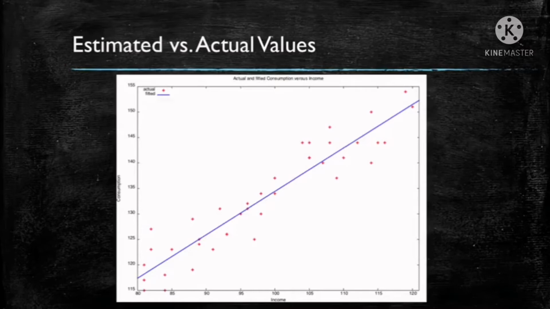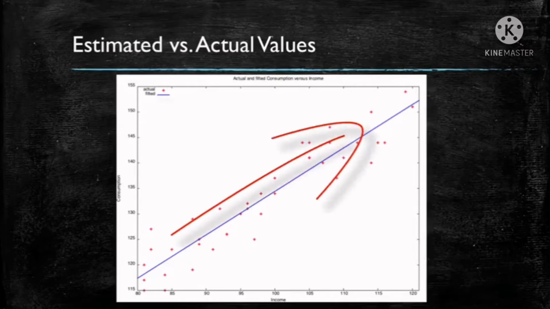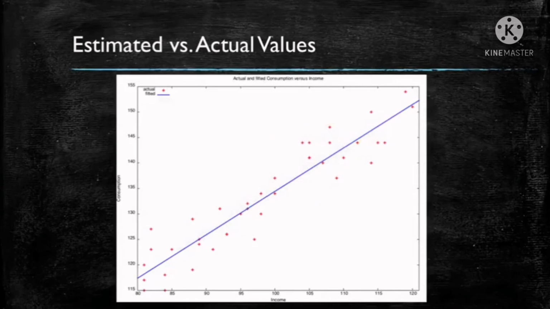You can notice that they follow a growing trend, but they are not at all in a straight line. What we did, however, was draw a straight line that most closely resembled the pattern followed by the dots. And this is the blue line, which shows the fitted values from our linear regression. What our estimation procedure did was try to draw a line that minimized the error between the red dots and the blue dots, but we will talk more about that later.